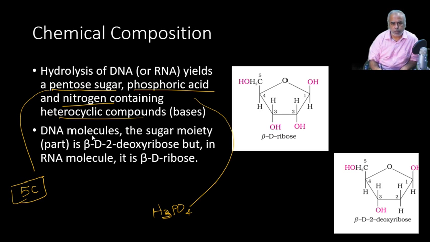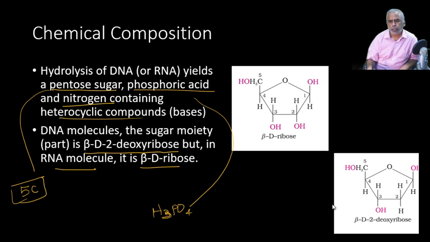So in DNA molecules, the sugar moiety, the sugar part, is beta D 2-deoxyribose, but in RNA it is beta D ribose.